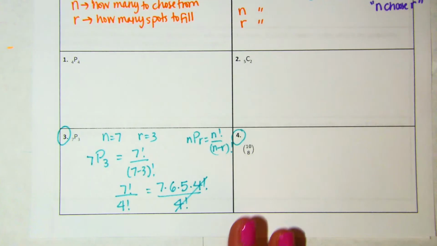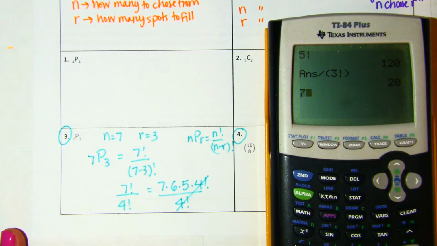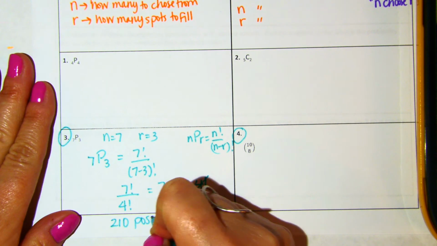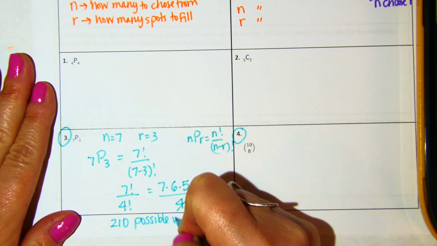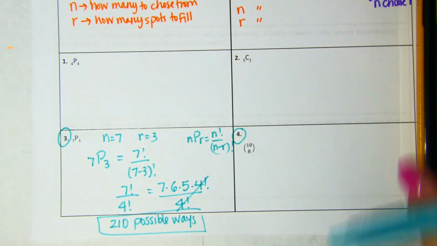And then when I multiply those on my calculator, 7 times 6 times 5 gives me 210. So it's 210 possible ways. Okay, so that's permutations.